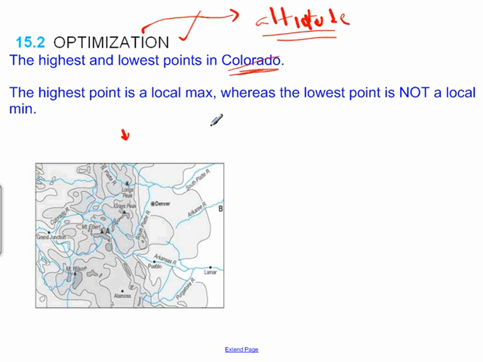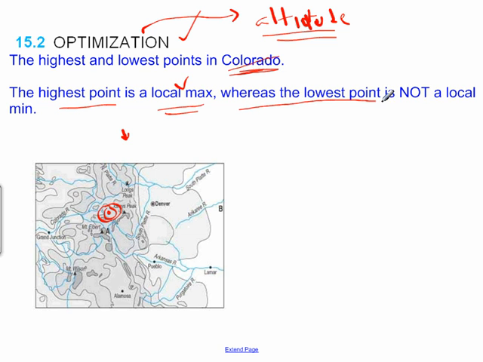And for Colorado, it happens that the highest point is a local max. Where? I'm not sure exactly on this map, but let's just say that it's right here, would be a mountaintop, a local max.